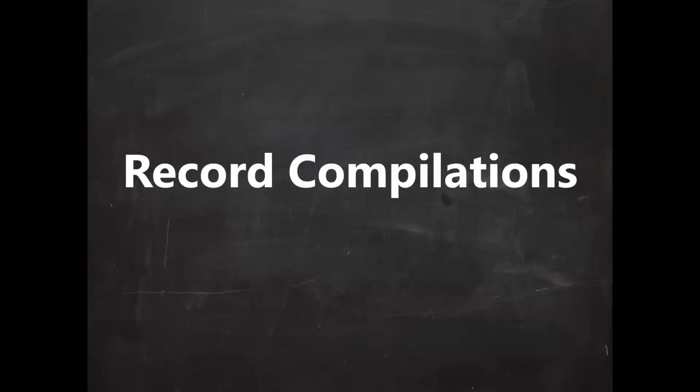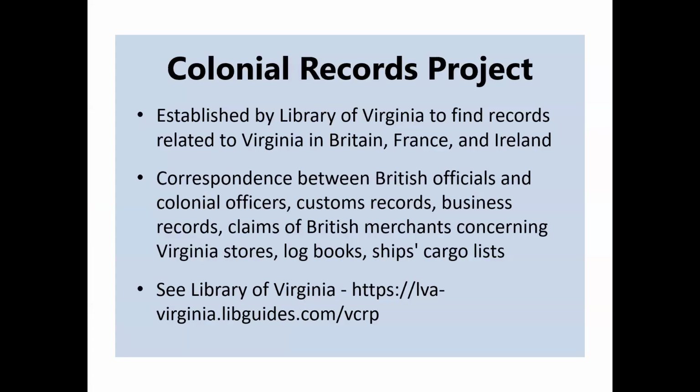So let's talk about some record compilations for Virginia. There is an amazing online resource called the Virginia Colonial Records Project. It was established by the Library of Virginia to find records related to Virginia in other places, such as Great Britain and France and Ireland.